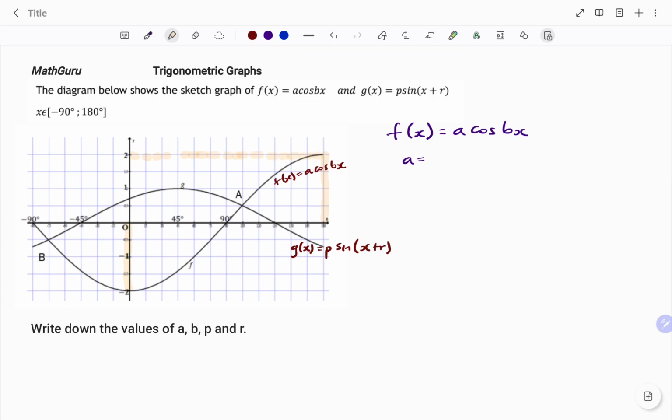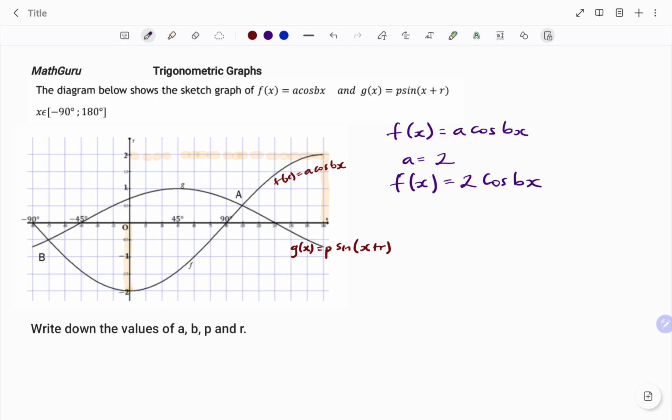Or if I check, that's also 2 units at the bottom. So therefore, the value of a will be 2 units, which is 2. So if I rewrite my f of x, it is equal to 2 cos bx.